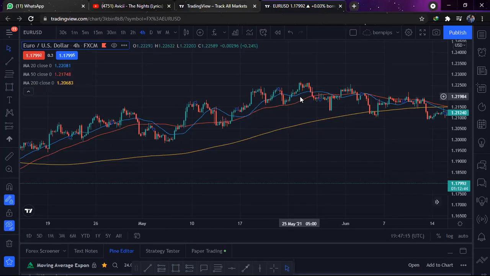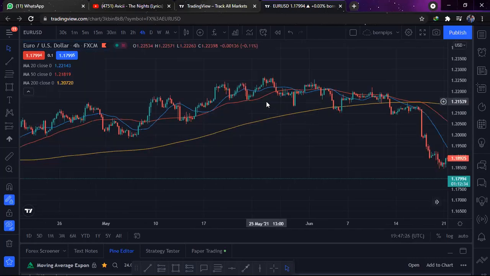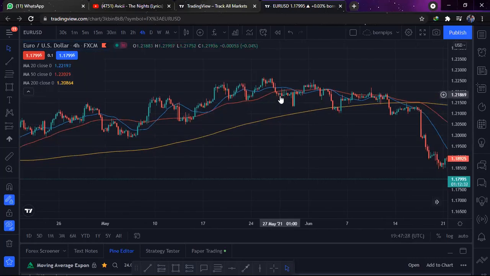But when prices are closing below the 50 and the 200 is tightly close to the 50, we don't trade. We just leave it and wait. So from 26th May all the way to 10th June, you will not be trading if you are using this.